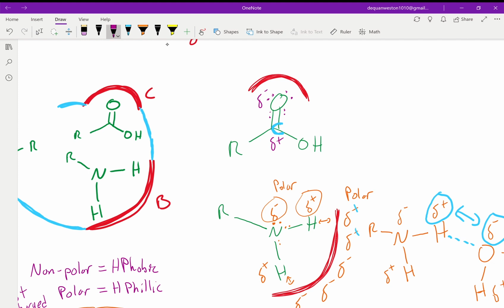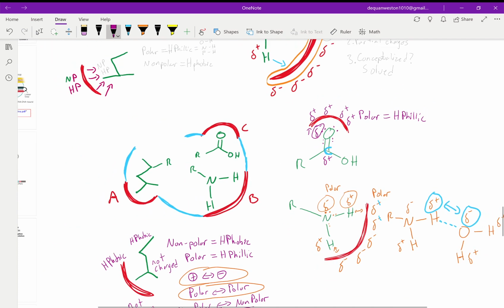Once again, this would be an example of a polar covalent bond. And in order for this partial negative to interact with this active site, the active site needs to be positive, which is polar, which is hydrophilic.